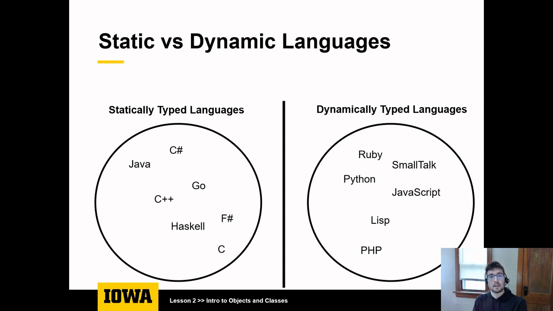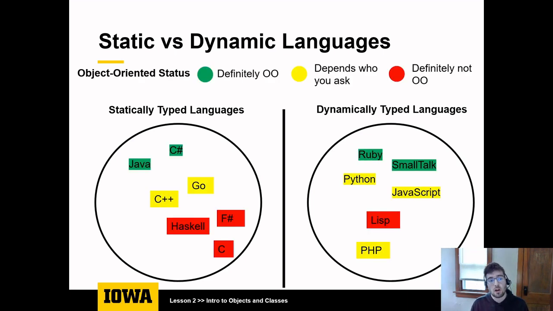On the other side of the aisle, you have your dynamically typed languages, namely Python, where most people are coming from, but also JavaScript and these other languages where you don't have to tell the programming language what type of data you have in a variable. The program will figure that out at runtime. For the purposes of this course, we'll say there's a hard divide between statically typed languages and dynamically typed languages. Now, whether those programming languages are object-oriented or not is another question on top of that.